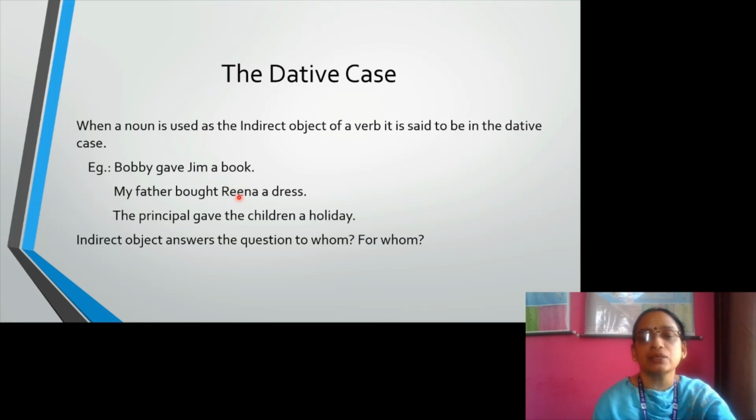Reena is called the indirect object. The principal gave the children a holiday. The children are the indirect object. The indirect object answers the question to whom and for whom. So when a noun is used as the indirect object of a verb, it is said to be in the dative case.